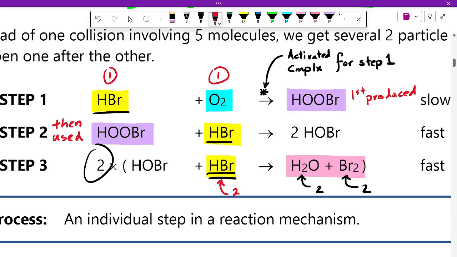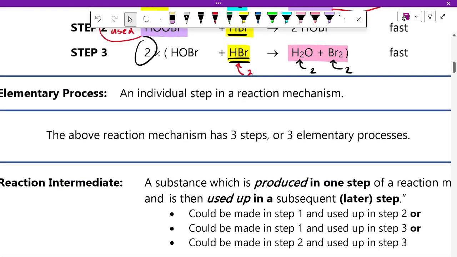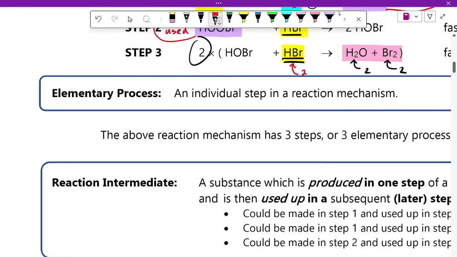Okay, so Huber is first produced and then it is used. Anything that is produced in one step and used up in a later step has a name. Let's see where I've got that name. Right there, a reaction intermediate.